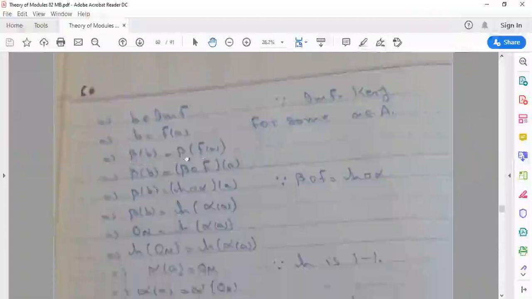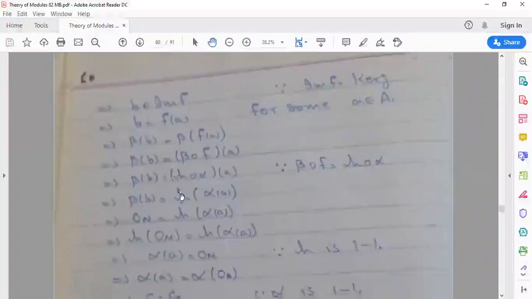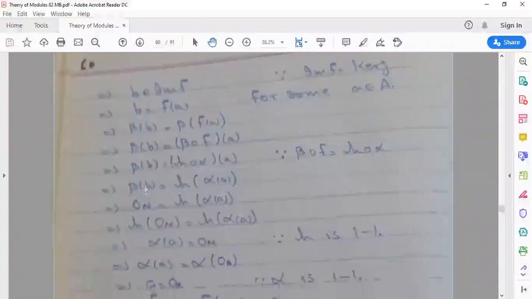After this we combine the composition beta composition f of a. By hypothesis, beta composition f equals h composition alpha, so we open the composition: h of alpha of a.